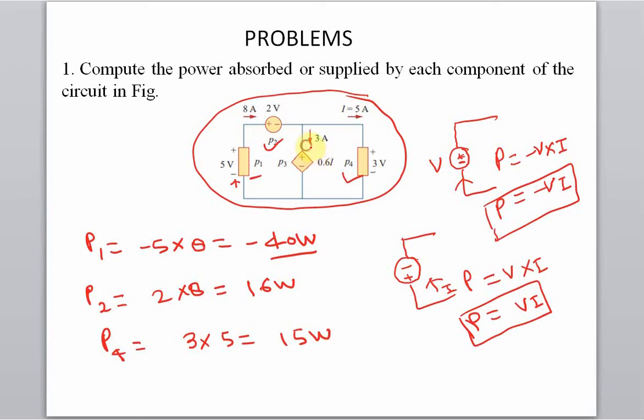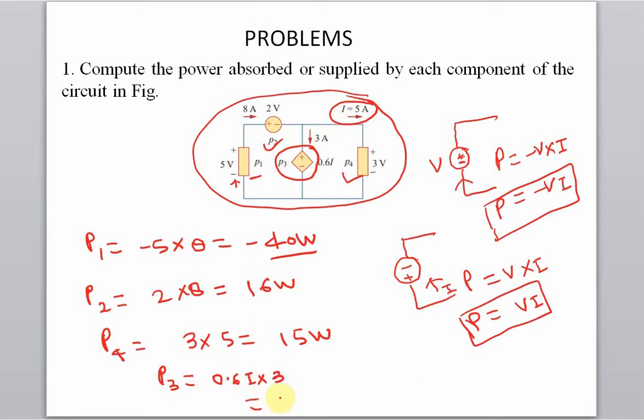And through this dependent source element, as we mentioned previously, this one is a current controlled voltage source element. So for P3, we can write it 0.6 I multiplied by 3. Here I equals 5 ampere.